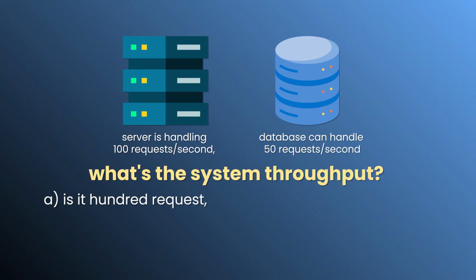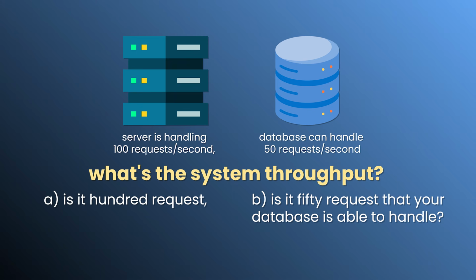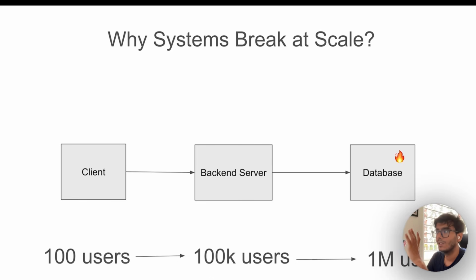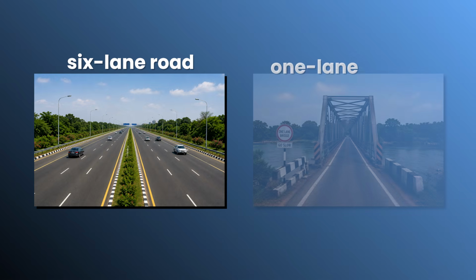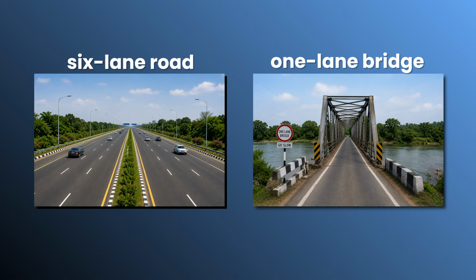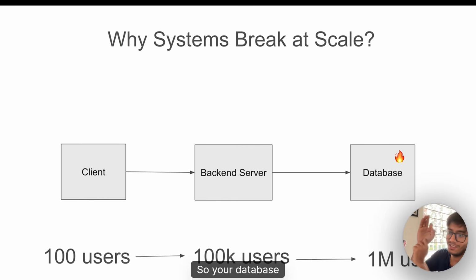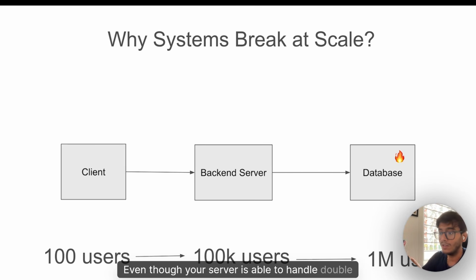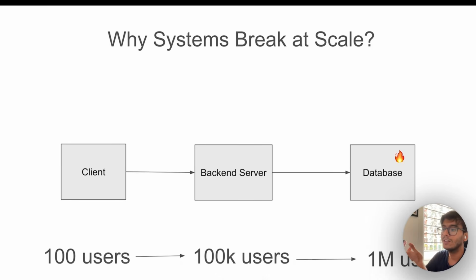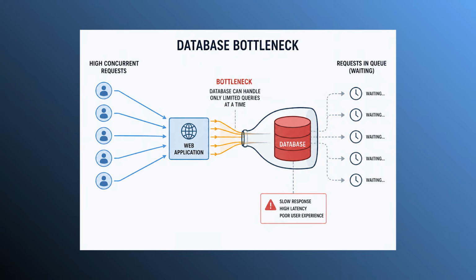Is it 100 requests or is it 50 requests that your database is able to handle? So imagine this as a 6 lane road versus a 1 lane bridge. The bridge controls the traffic, not the roads, right? So your database is here the culprit, the problem, the bottleneck. Even though your server is able to handle double the requests that the database can, still the database is the bottleneck.